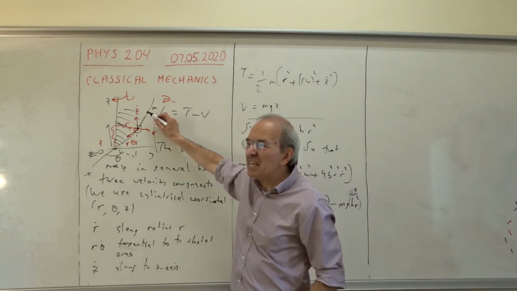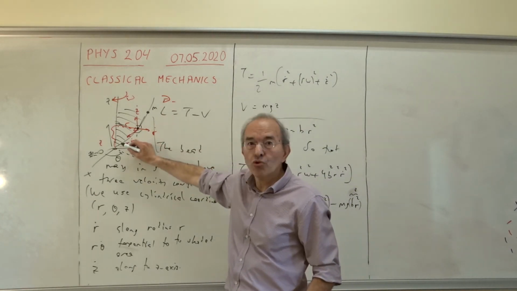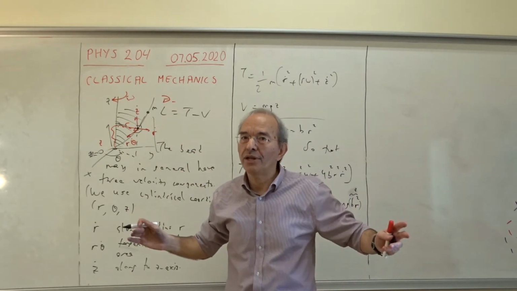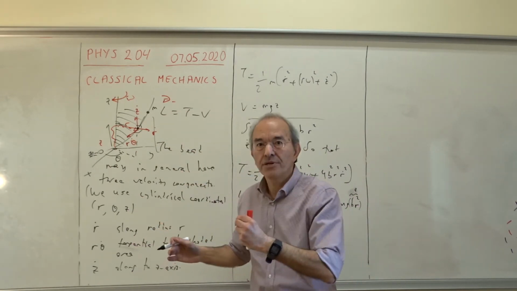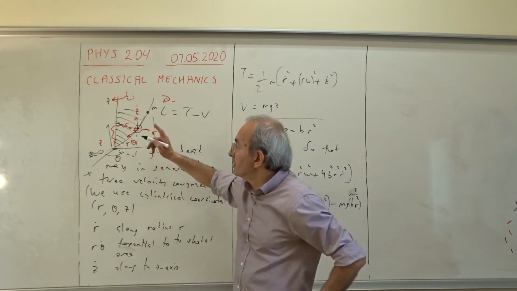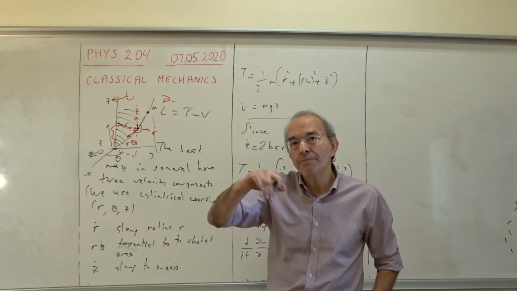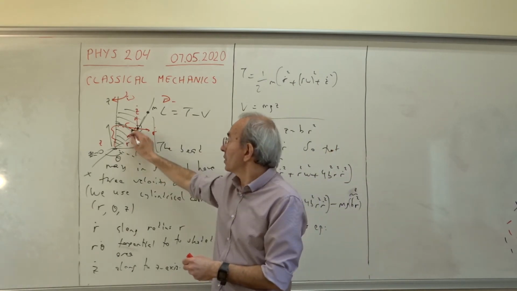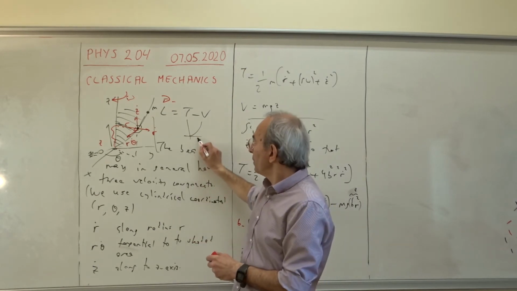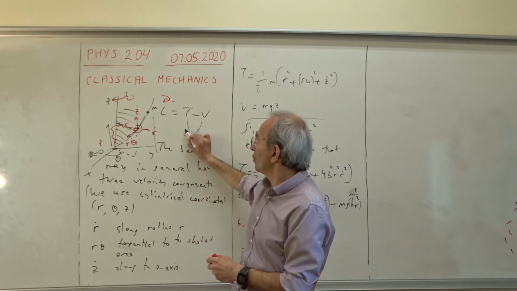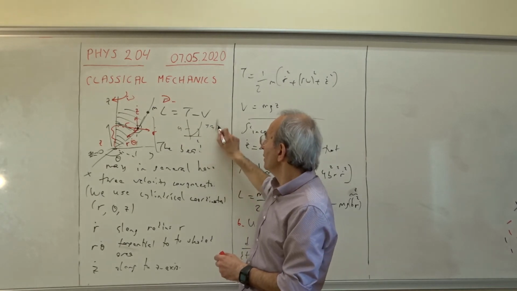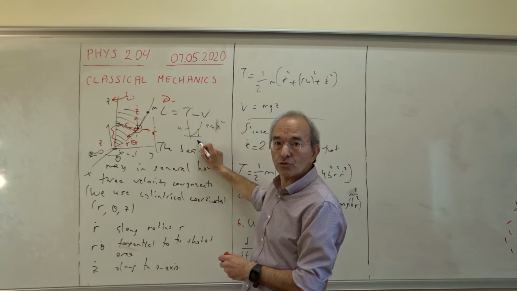Because the bead is constrained to move along this curve. The bead cannot go anywhere else. It has to remain on the wire, so z is not an independent variable. Z depends on the distance r, just like this curve. If y is simply x squared, and you set x equals 2, y is 4.